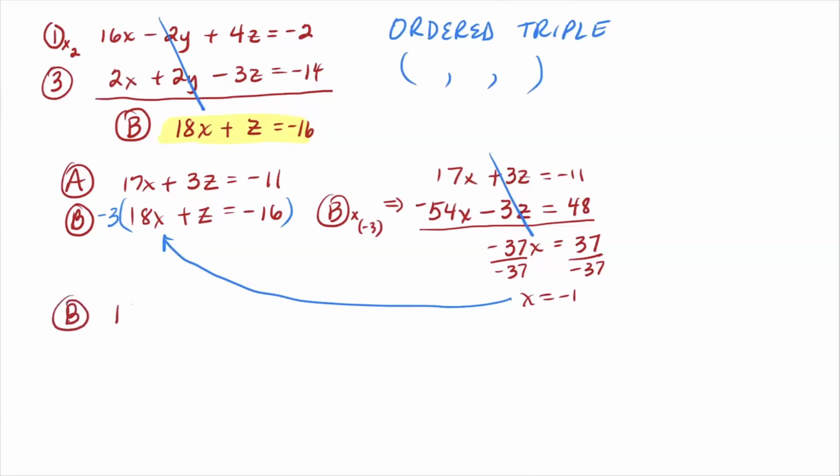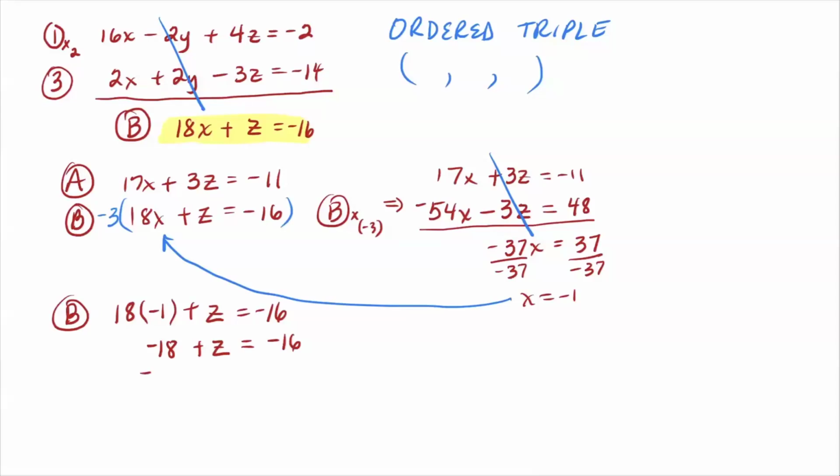So B says 18 times x plus z equals negative 16. However, x is negative 1. So we can now solve for z. 18 times negative 1 is negative 18, plus z equals negative 16.